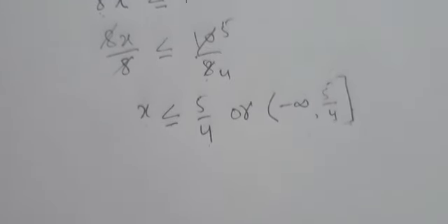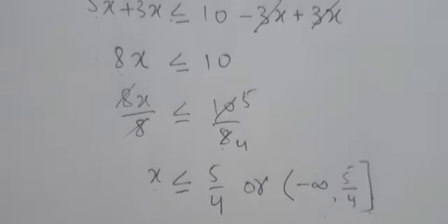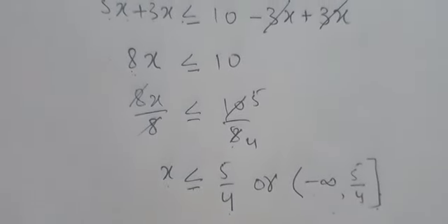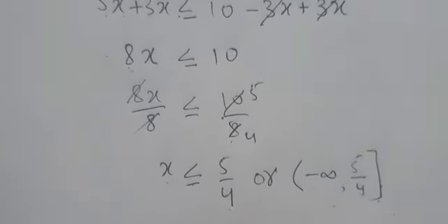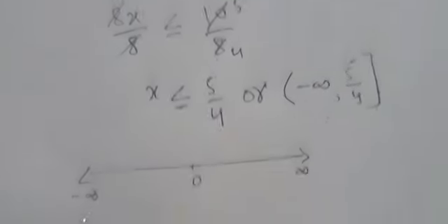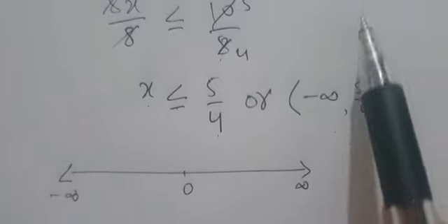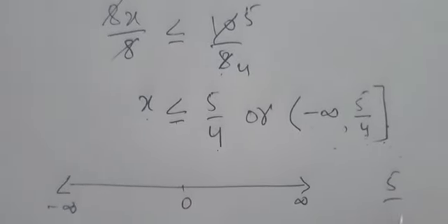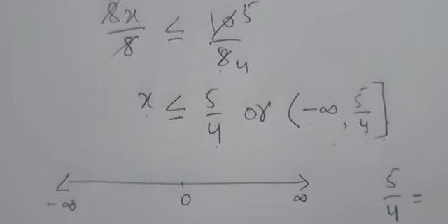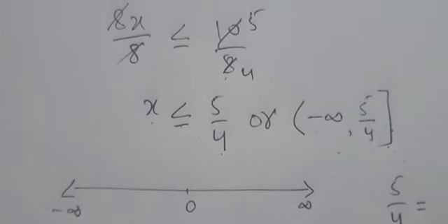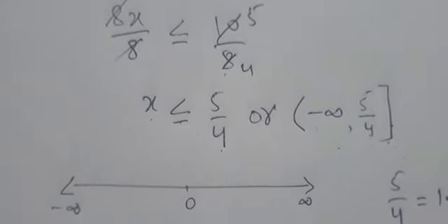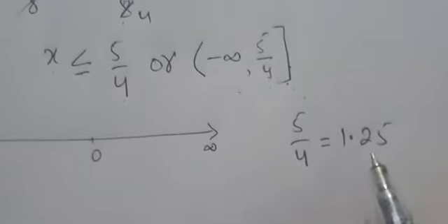Now how we can represent it on the number line, we need to check that. For that purpose we need to check the value of this 5 upon 4. Actually 5 upon 4 is equal to 1.25.